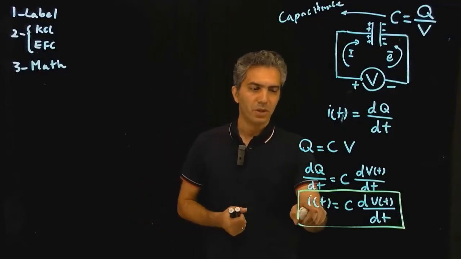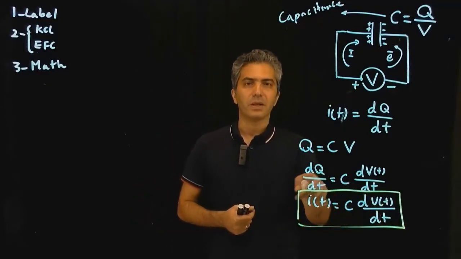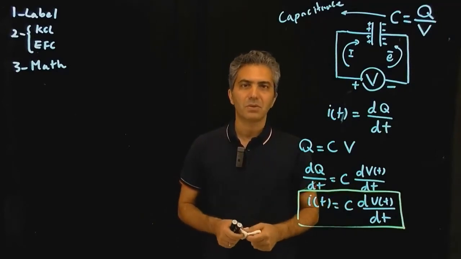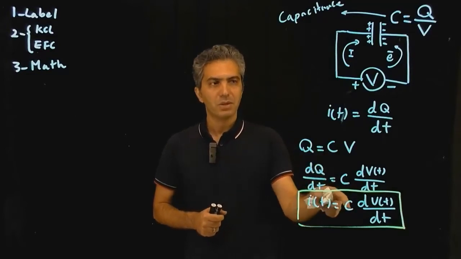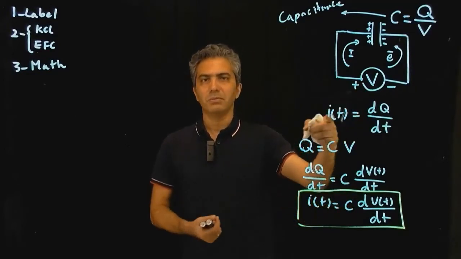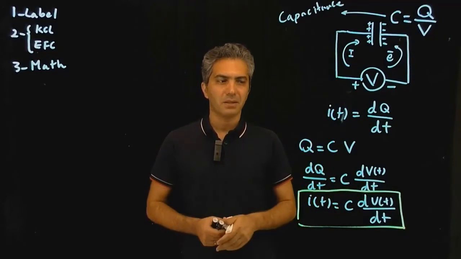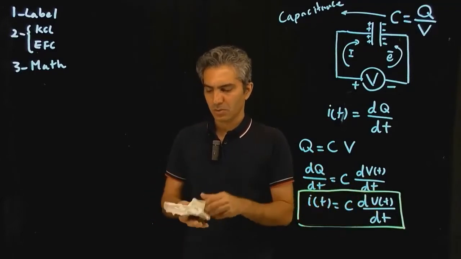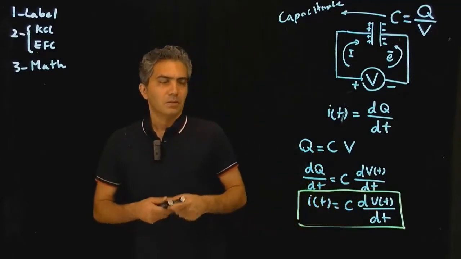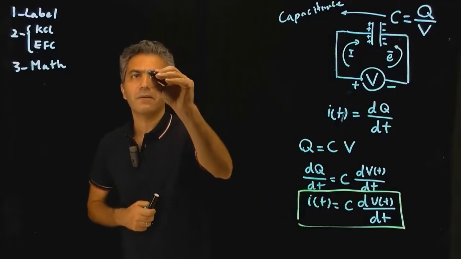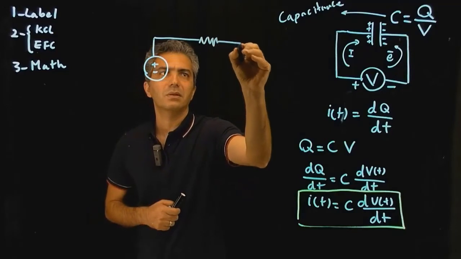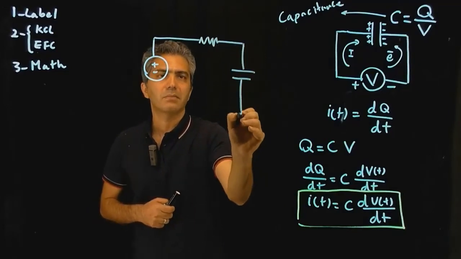Okay, before we move any further and discuss other properties of capacitors, let's do something really quick: use this and do a simple circuit analysis using a capacitor, to establish that all we really needed to know is this in order to do circuit analysis. Say I have a source connected to a resistor and a capacitor.